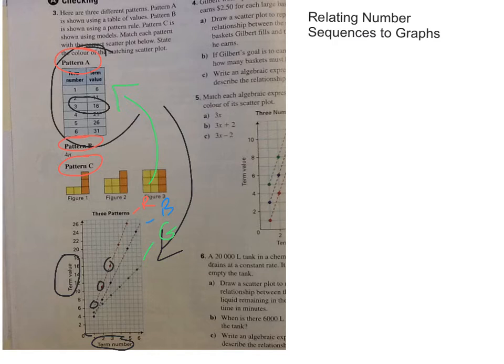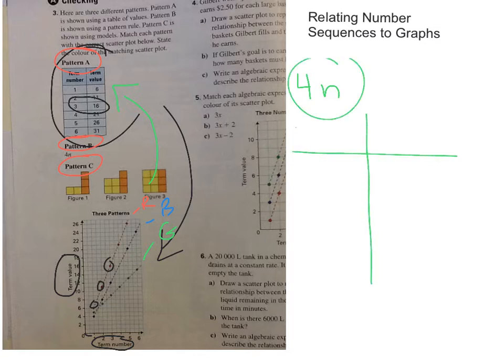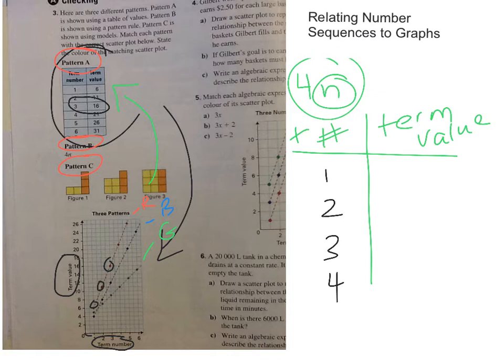I'm going to do it over here, 4n. If we were going to turn 4n, our algebraic expression, into a table of values, we have term number here, we'll call it T number, and then term value. As we know, n always stands for the term number, so term numbers always go here. If the term number is 1, we take 4n, we substitute 1, 4 times 1 is 4.